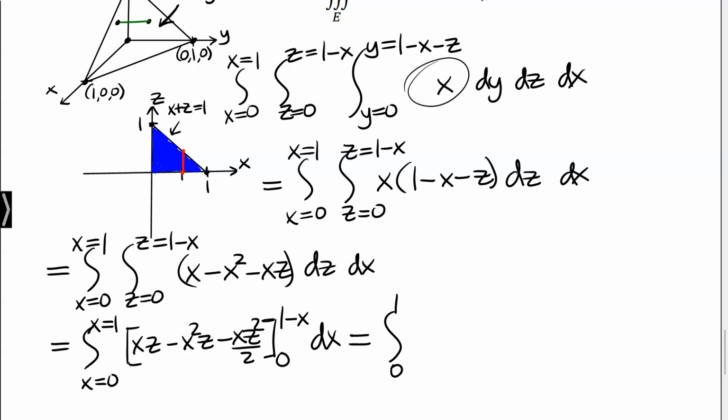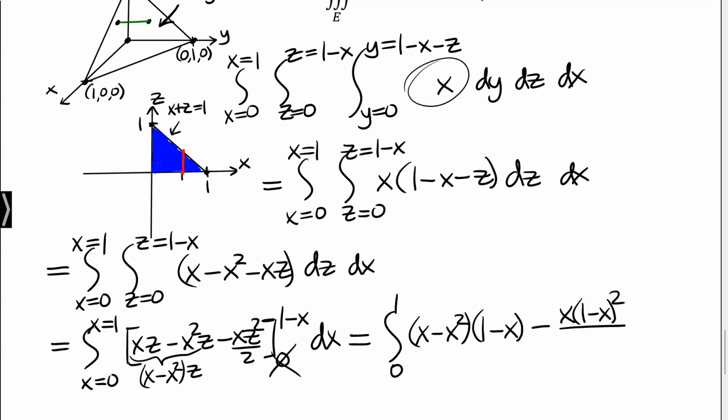The lower limit, when I plug in for z, there's this factor of z in all of them, so that goes away. So it's, and actually here, this is x minus x squared times z. So it's really x minus x squared times 1 minus x, and then minus x times 1 minus x all squared over 2.